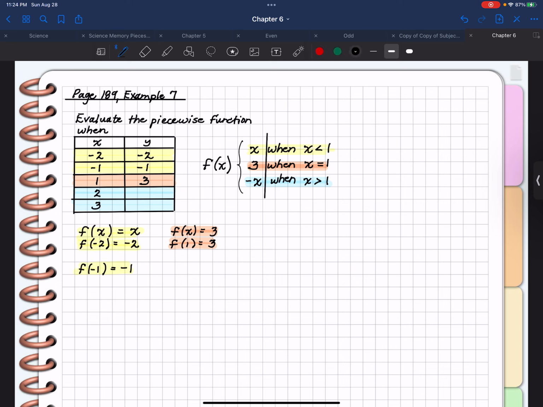And then I have that third condition where f of x equals -x if the x value is greater than 1. So f of 2 will be -2, and f of 3 will be -3. And now we have the pieces of the function in the table.